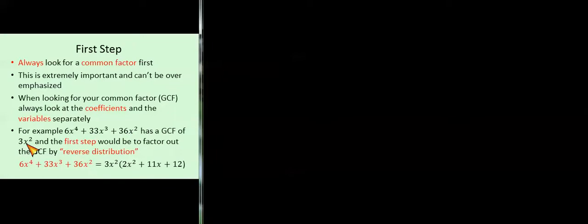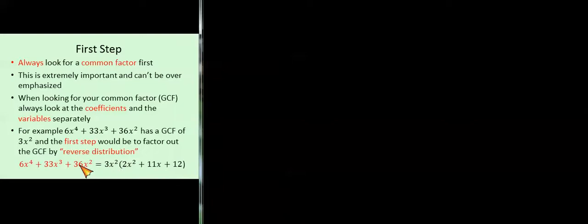And to factor that, we do reverse distribution. 3 times what equals 6? 2. And we need 2 more factors of x. So we have 2x squared. 3 times what is 33? 11. We need 1 more factor of x, so we have 11x.